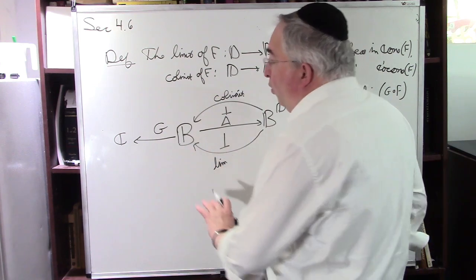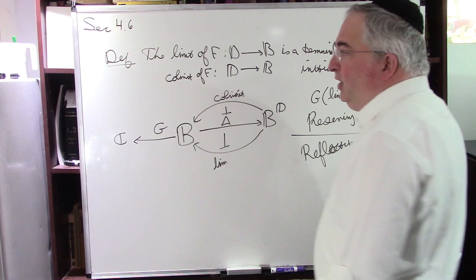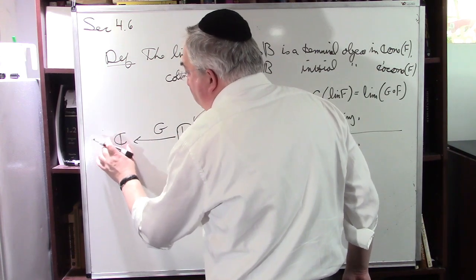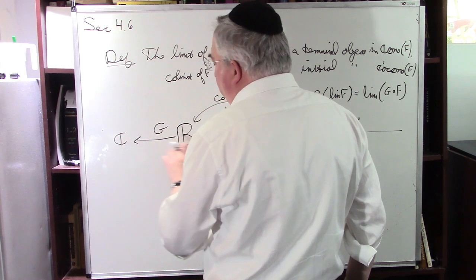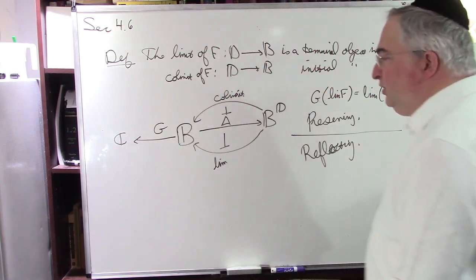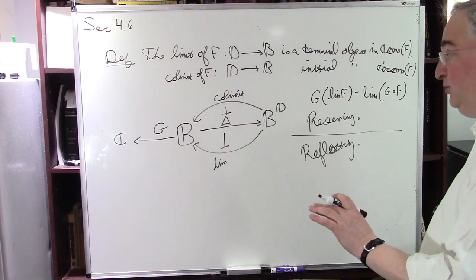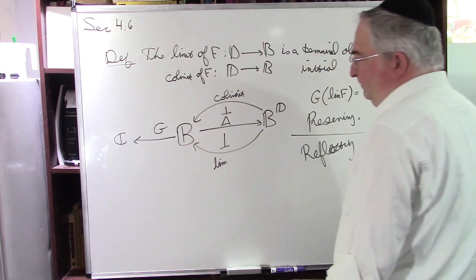In other words, what goes to a limit must come from a limit. So these are requirements. Sometimes G has these things, sometimes G does not, but we can always ask whether it's true or not.